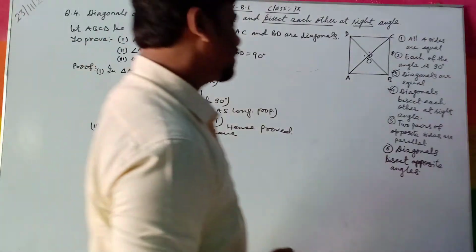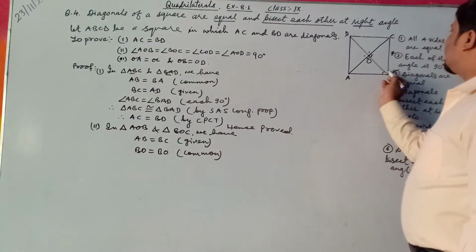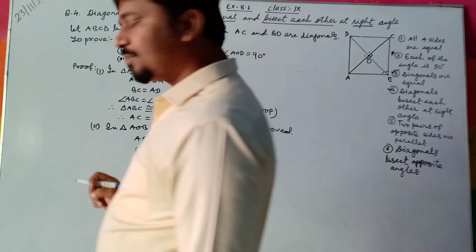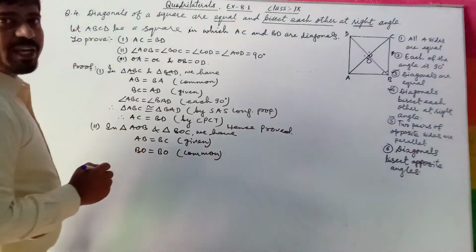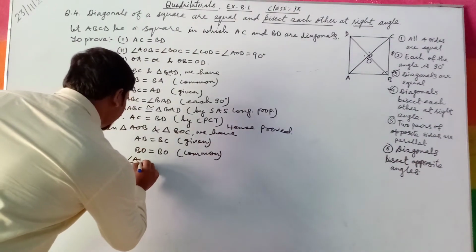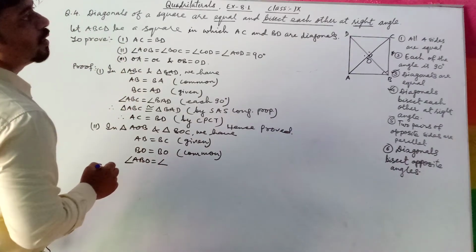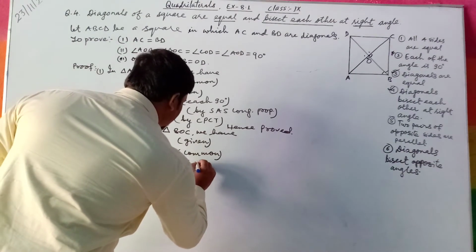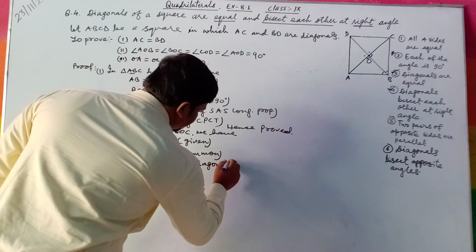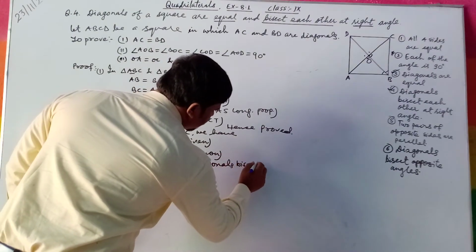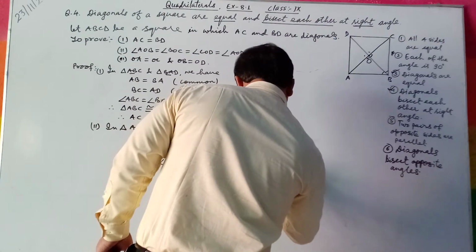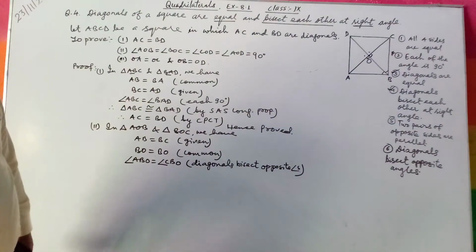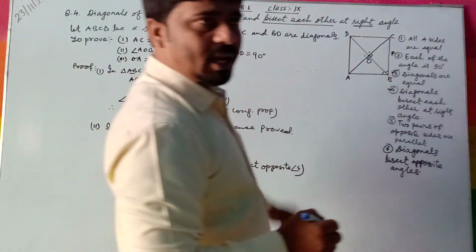After that, we take angle ABO equals angle CBO, because we know that diagonals bisect opposite angles. Yes. Now the three pieces of evidence came.